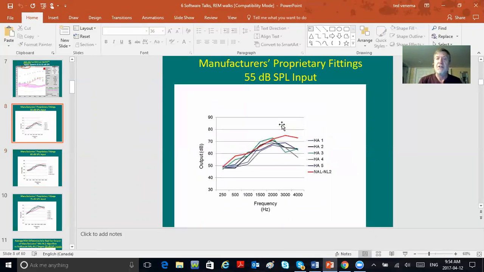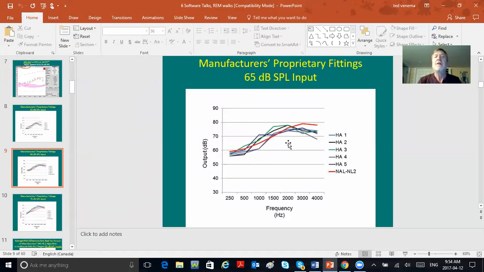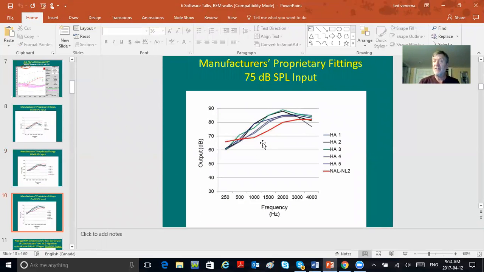So again, soft inputs really rolling off the highs, less for proprietary and really a lot less for the highs. Average inputs still less for the highs, but more for the mids. And then loud inputs, look at this. Whoa! So in a weird way, that's what I mean by linear.